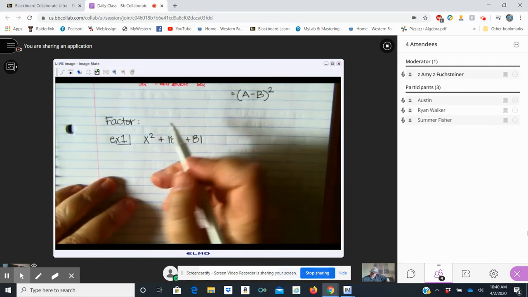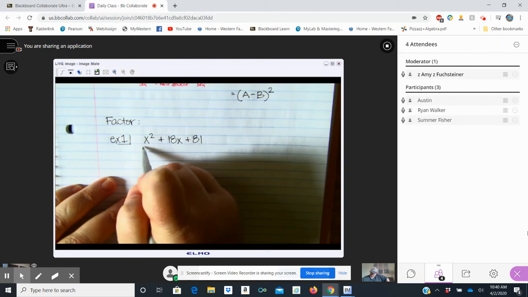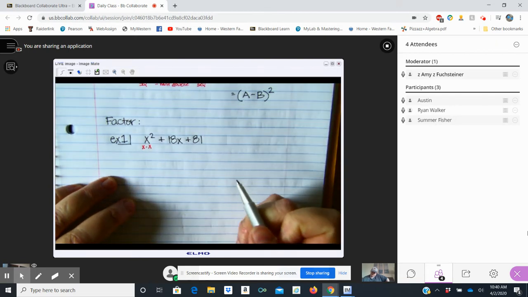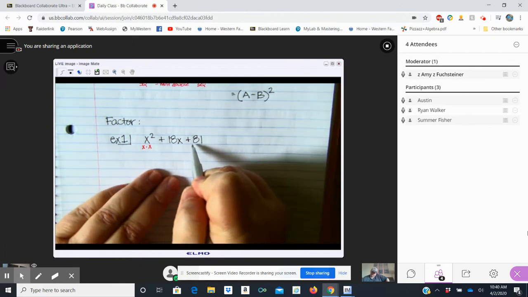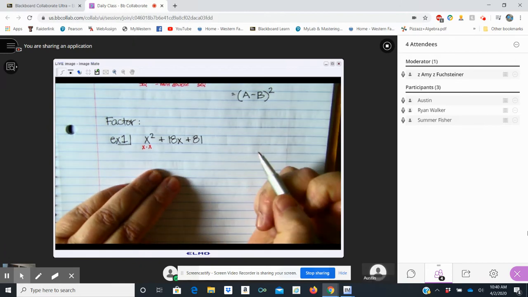X squared is x times x. Is 81 a perfect square?